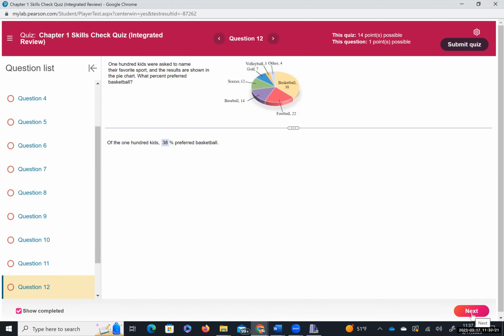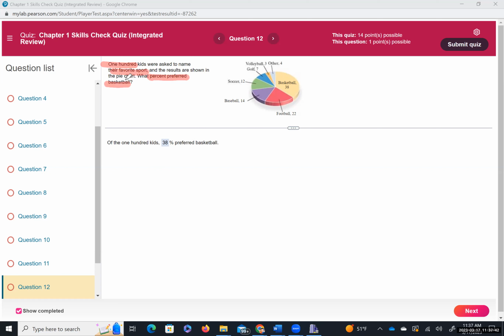Okay, so here they say this is a survey of 100 kids, for their favorite sport, and they ask what percent prefer basketball.